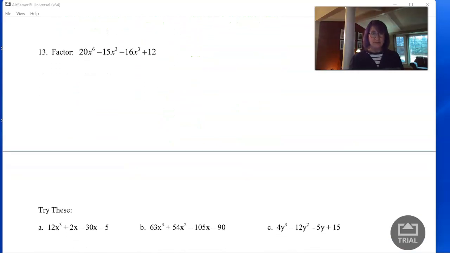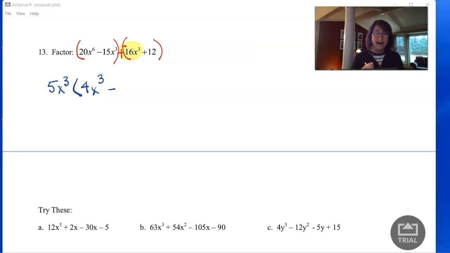Let's do one more example of these. So we've got a third term, which is negative. So I am going to change that to addition, make it plus, and put the negative with that 16. Now I feel comfortable putting parentheses around the first two and the second two terms. Out of the first pair, I can take out a 5x cubed, so that I'm left with 4x cubed minus 3.